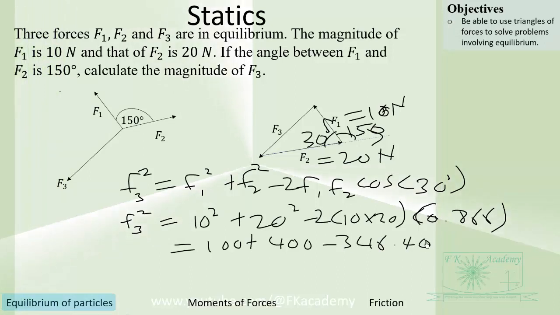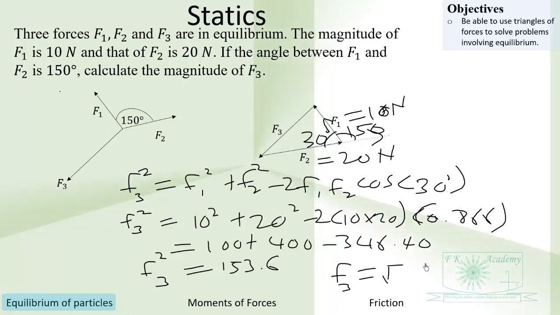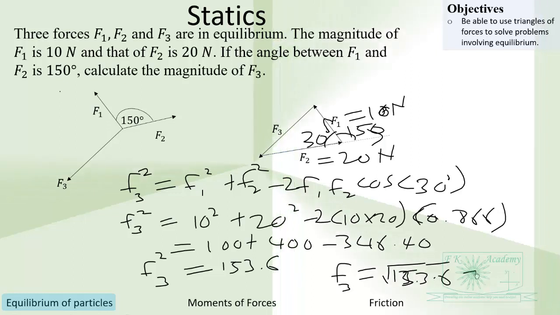So F3 squared will be equal to 153.6. So finding the square root of that will give us the magnitude of F3 to be square root of 153.6, and that will give us 12.4 newtons.